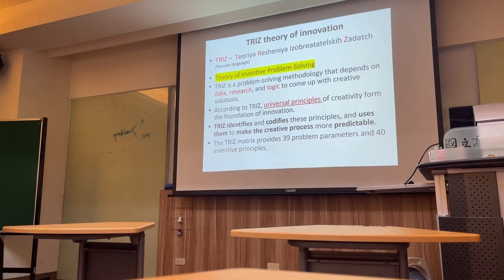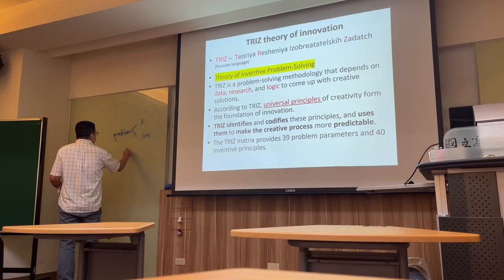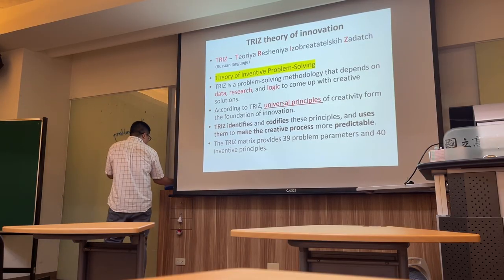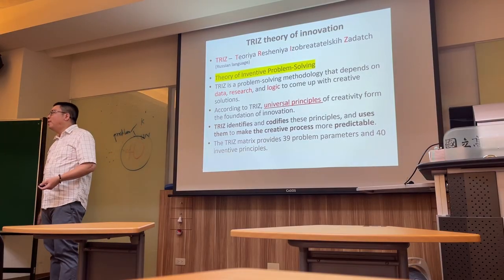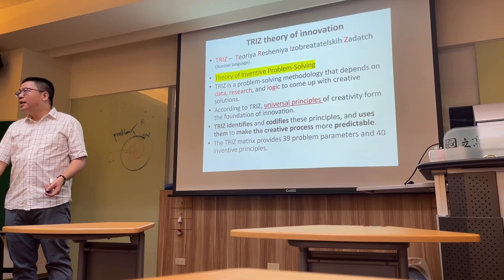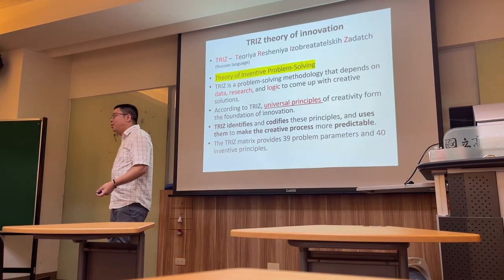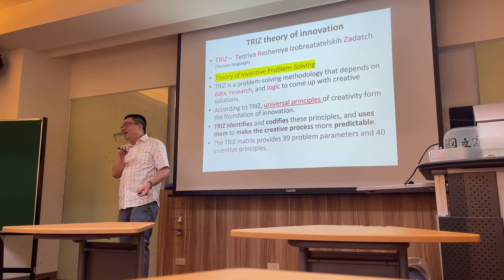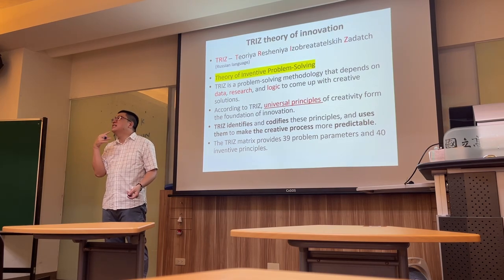So in general, what is TRIZ? It has 40 principles, which are general principles. And you can apply these principles to your specific case, and based on that, you can find the specific solution.